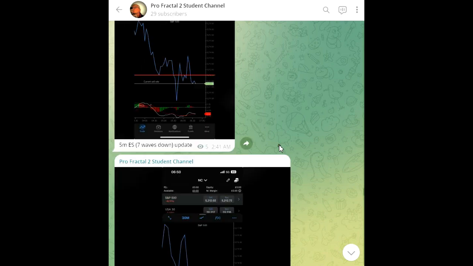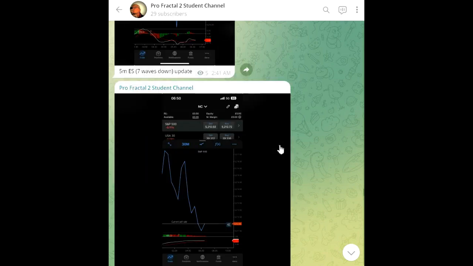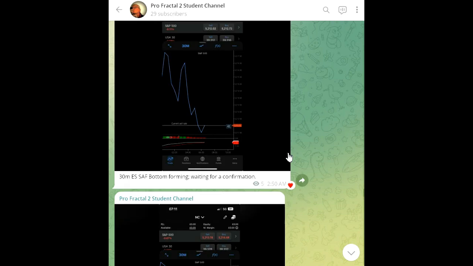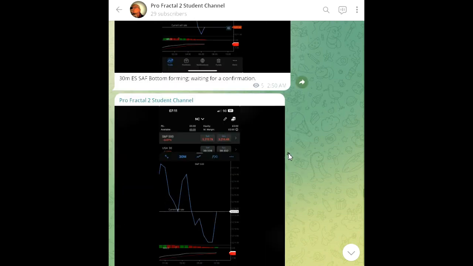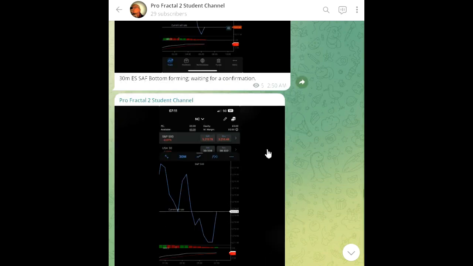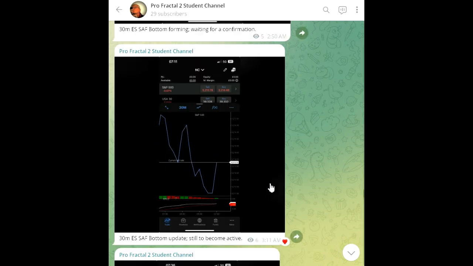And as we continue here, he found a 30M growth fractal right here, and he's waiting for local information. Very typical. He wants a little tick here, and he got it. Again, he got a bottom tick there, and it began to grow. The growth fractal is growing.